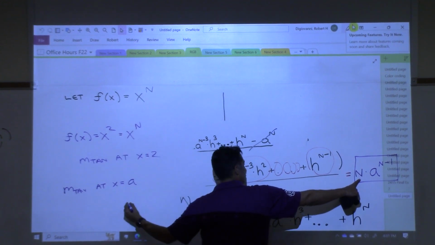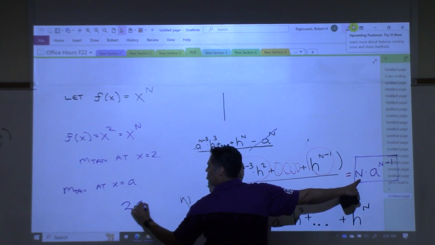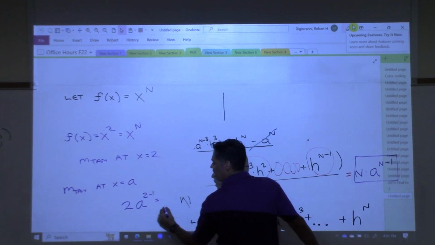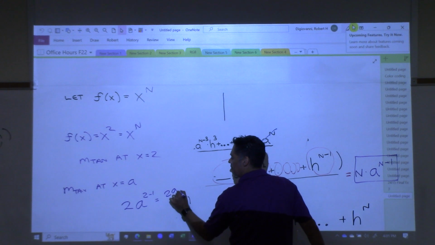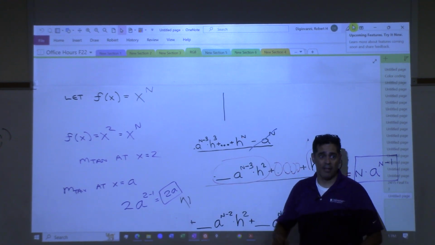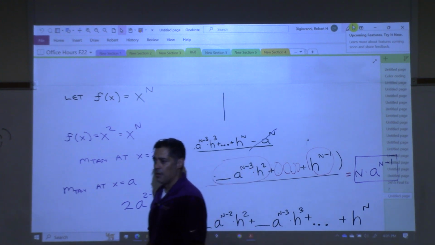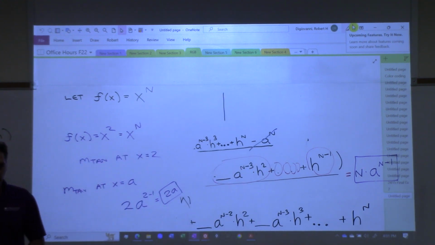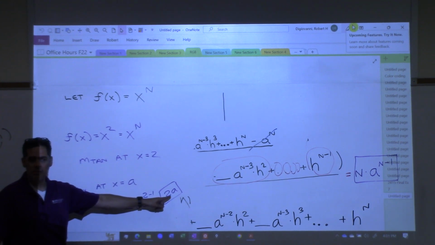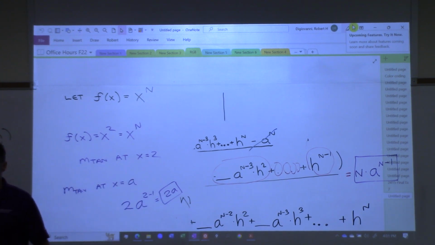So it should be 2a to the 2 minus 1, which is just 2a. 2a is the formula that gives me the slope of the tangent line at any point. Now plug in 2. What do you get if you plug in 2? 4, and that's what we got, isn't it?